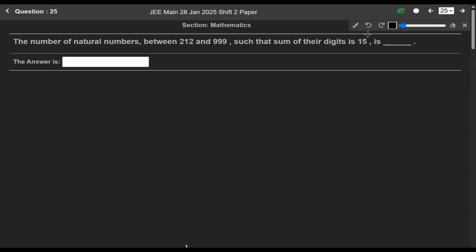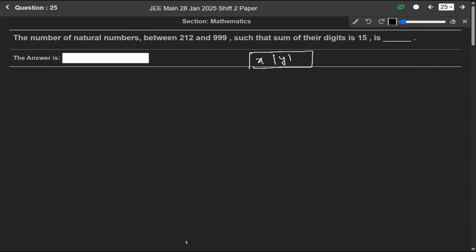So question number 25: the number of natural numbers between 212 and 999 such that the sum of their digits is 15 is. Okay, so if we solve it by taking the digits as x, y and z: when x equals 2, it means y plus z is equal to 13.